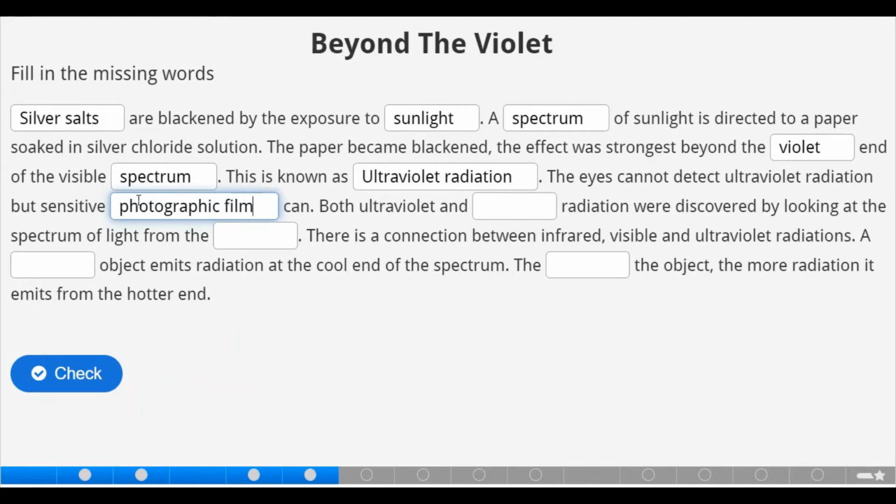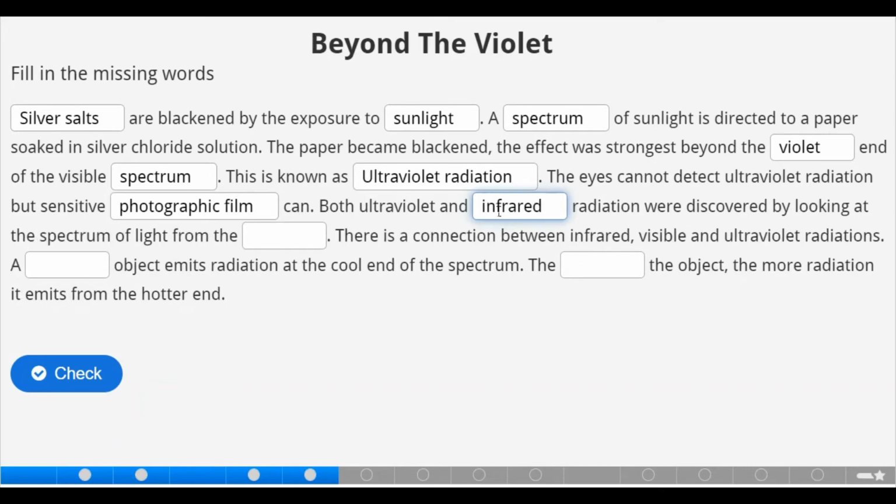Both ultraviolet and infrared radiation were discovered by looking at the spectrum of light from the sun. There is a connection between infrared, visible, and ultraviolet radiations.